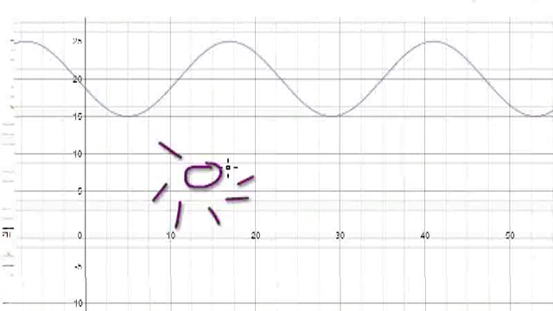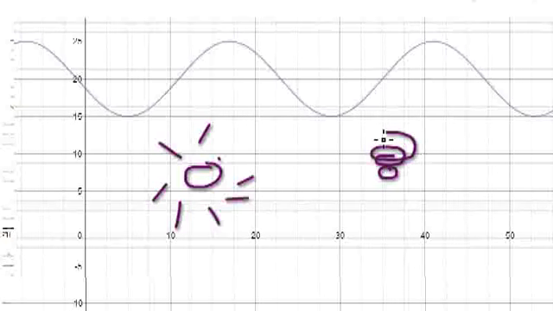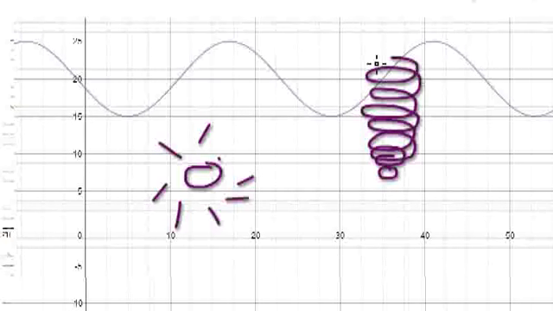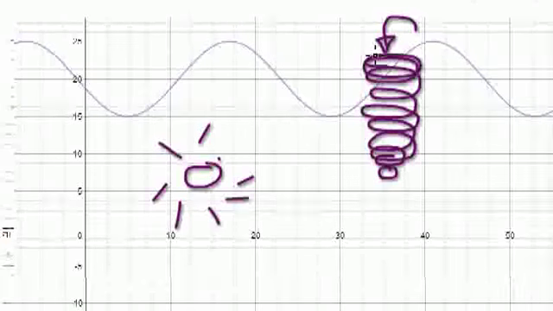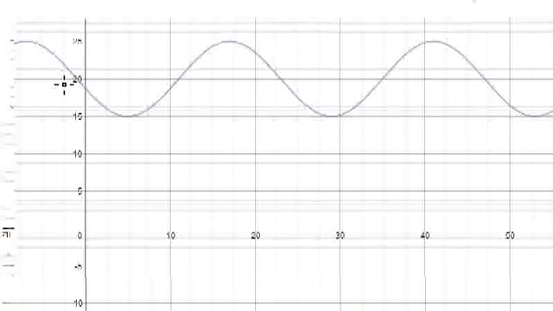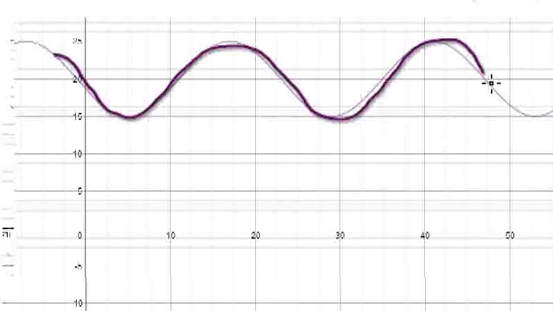The sun is here, and remember, this is a graph of the body temperature of a lizard. Our Earth is here. You see, our Earth spins around like this every 24 hours. So the circle is really the Earth spinning around in a circle. So the Earth spinning around in a circle gives us this sine graph here.